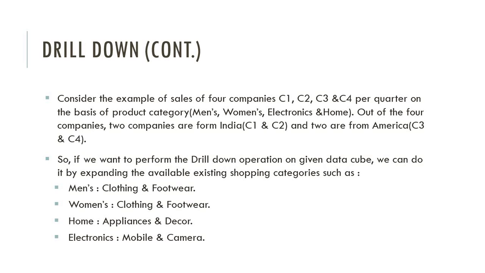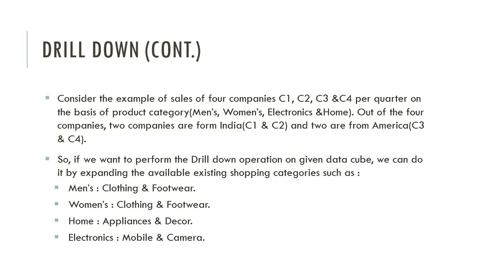Suppose we have the 4 companies C1, C2, C3, C4. C1, C2 are the Indian, C3, C4 are the American companies. Product category is men's, women's, electronics and home. And if we want to perform a drill down operation on a given data cube, we can do it by expanding the available existing shopping categories.